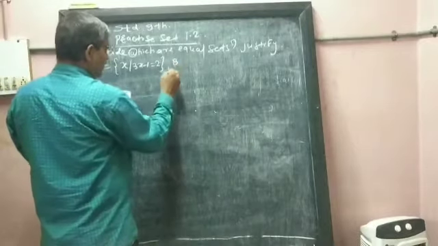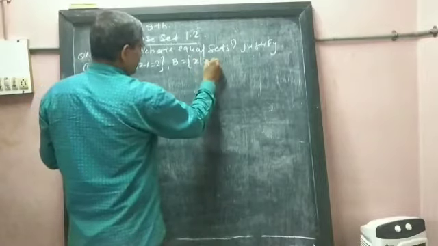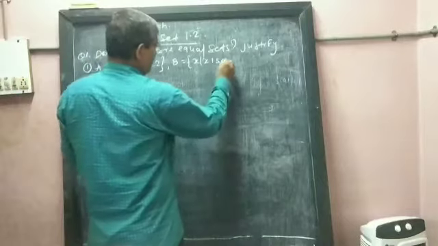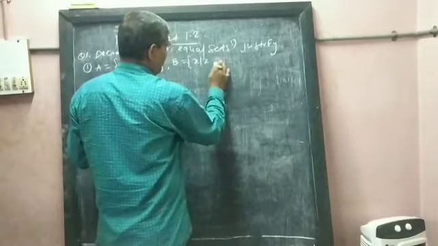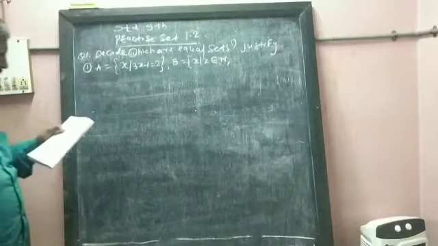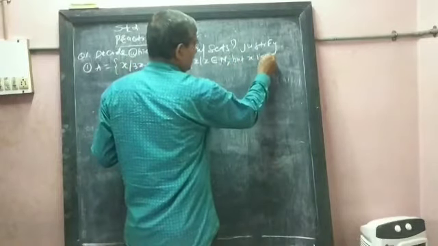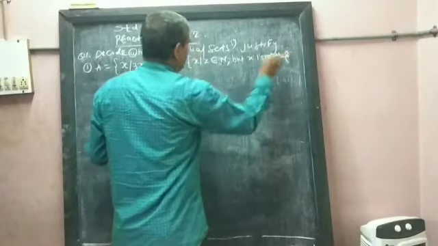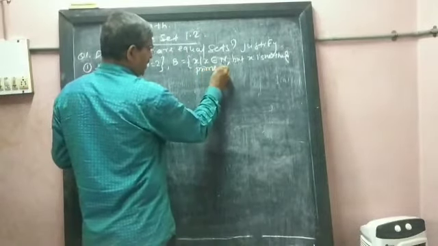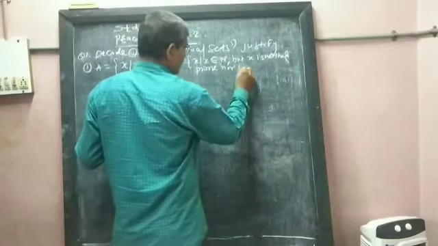B is another set given: x such that x belongs to natural numbers, but x is neither prime nor composite.